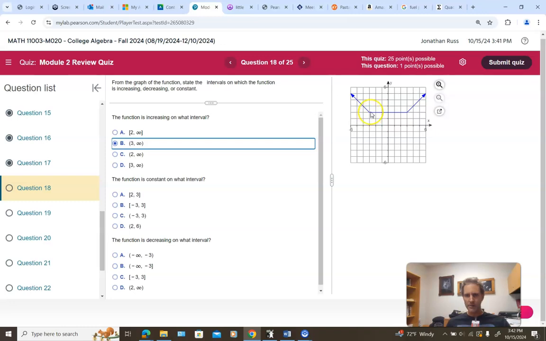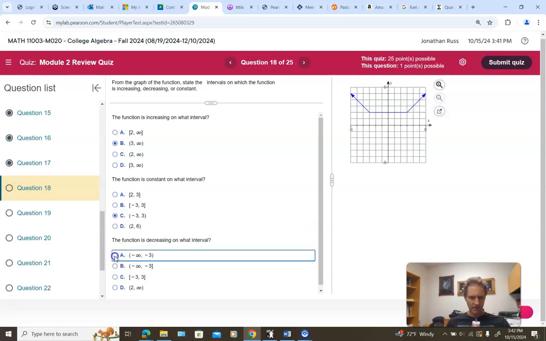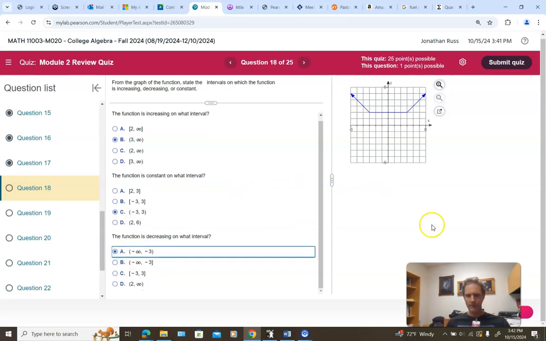Well, from this point to this point. So in other words, from negative 3 to positive 3. Choice C. And then it's decreasing from negative infinity all the way to right here, which is negative 3. So negative infinity to negative 3.